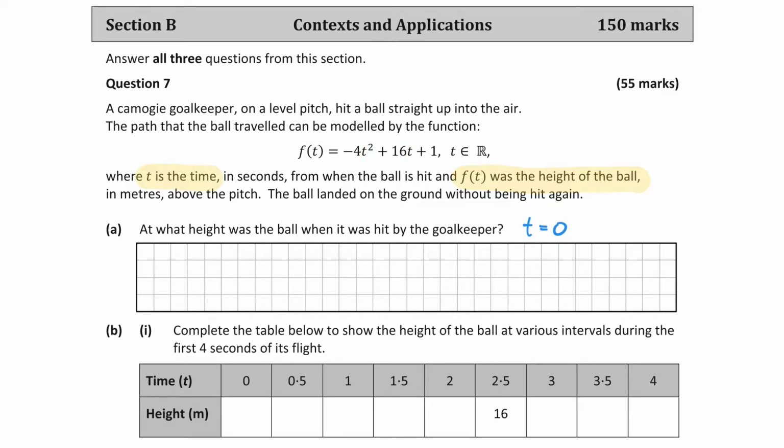So f of 0 is equal to -4 times 0 squared plus 16 times 0 plus 1. And because we're multiplying by 0, those terms both turn into 0. So the answer there will be equal to 1.